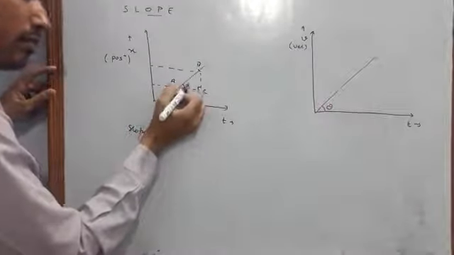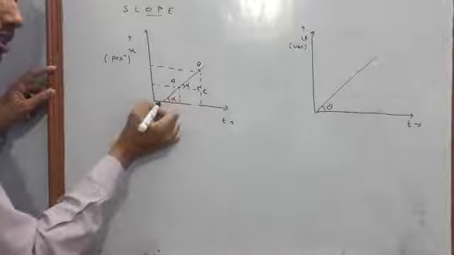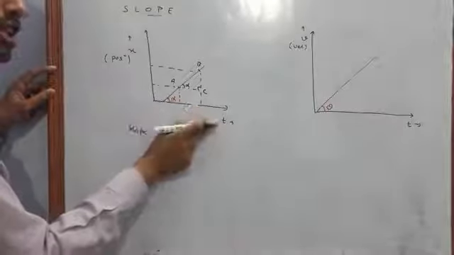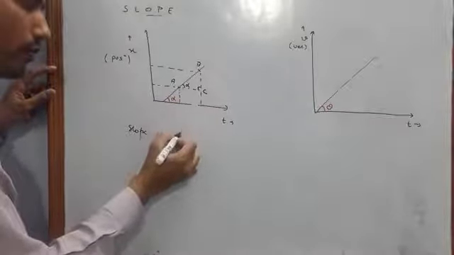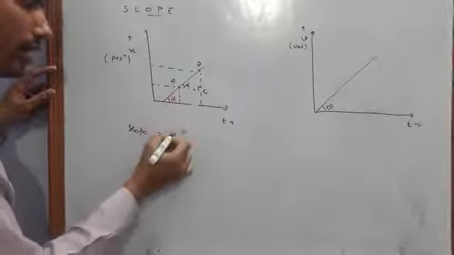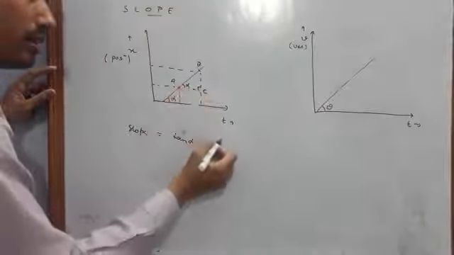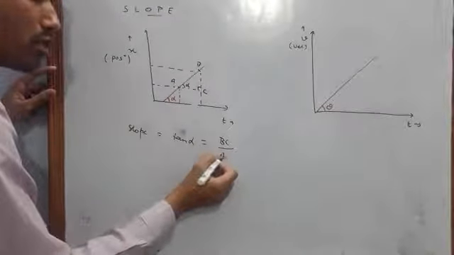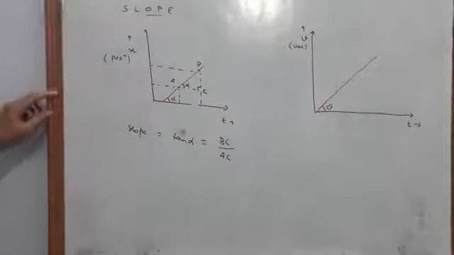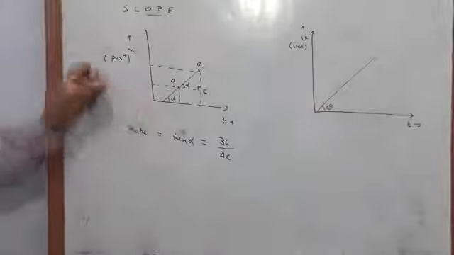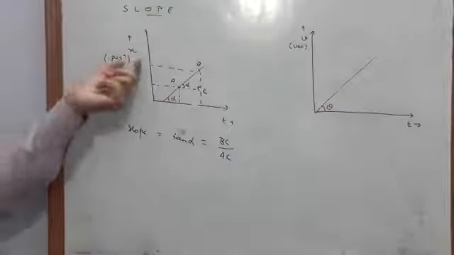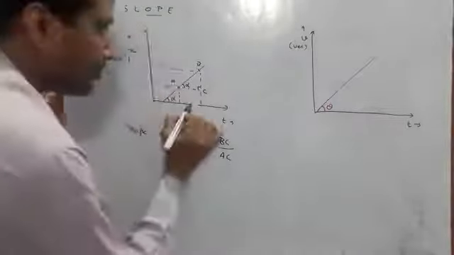This angle will be alpha. Alpha is the angle made by this line with the x-axis. Here instead of x it's the time axis. Slope we have defined as tan alpha, and that tan alpha, I have told students, is perpendicular by base. It is just a repetition of what we have discussed just now. Only one change is there: instead of y versus x, the graph is between position x versus time t.